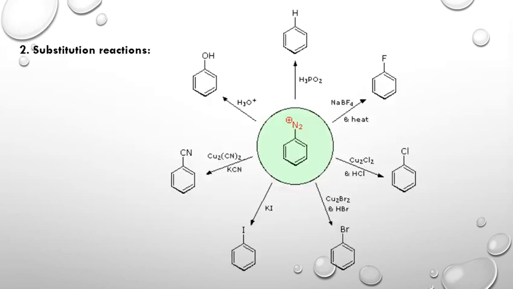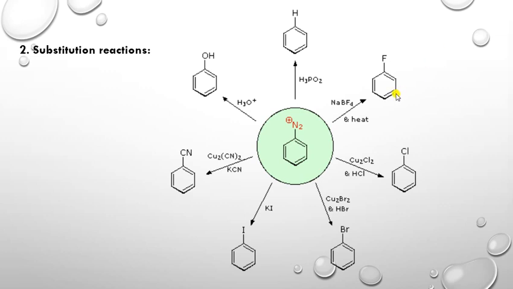Another type of reaction which the diazonium salt can undergo is the substitution reaction by replacement of N2 by any atom or group of atoms. The most common reaction of this type we call the Sandmeyer reaction, to produce aryl halide derivatives from diazonium salt.